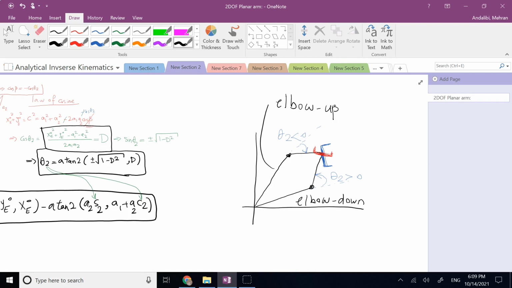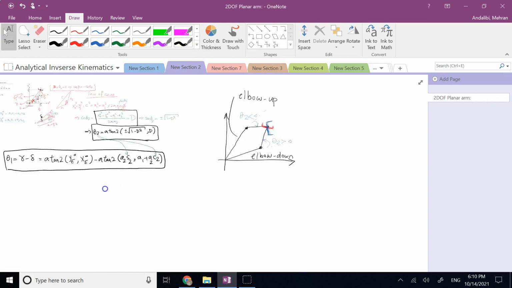Now, you might say, well, is there any scenario where there is no solution or one solution? Sure. When is that? Well, if this point that I'm going to reach is outside the workspace, then there will be no solution. But you might say, okay, where is the workspace, or how large is the workspace?